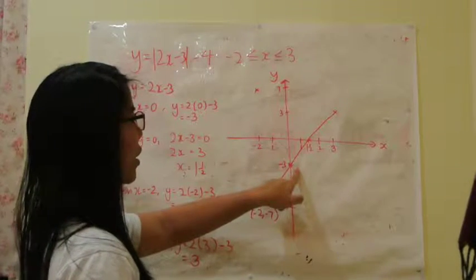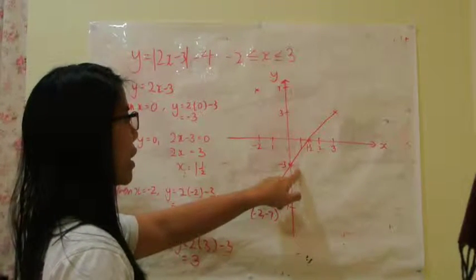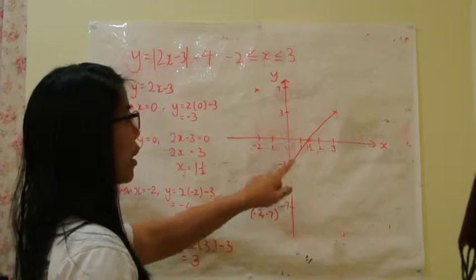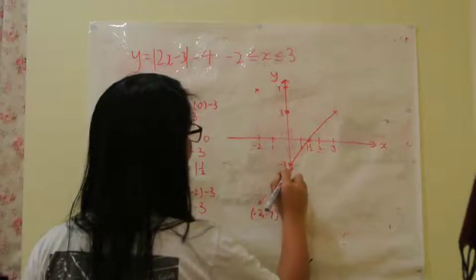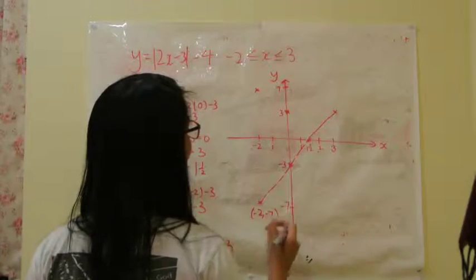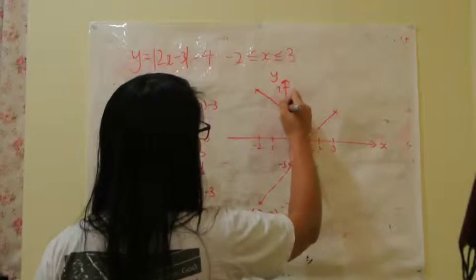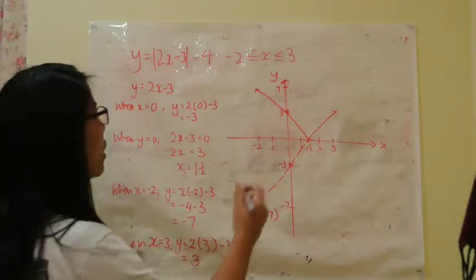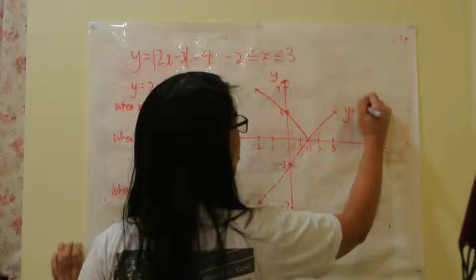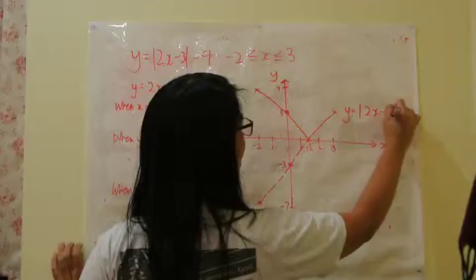Even my y-intercept that used to be negative now becomes positive. Everything below the x-axis I don't want, and I'll get this. So I have successfully drawn y equals mod 2x minus 3.